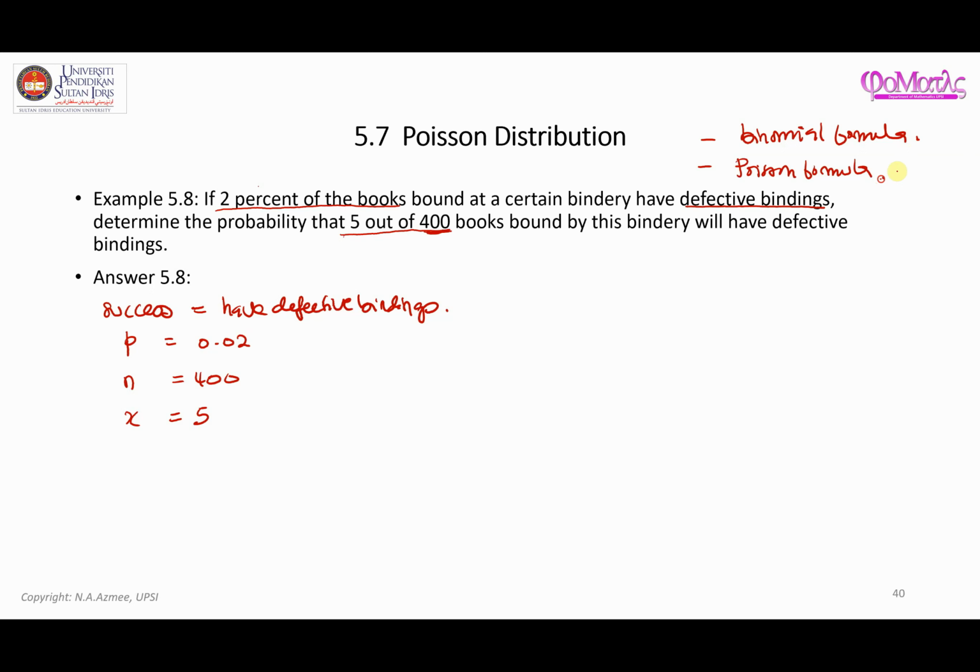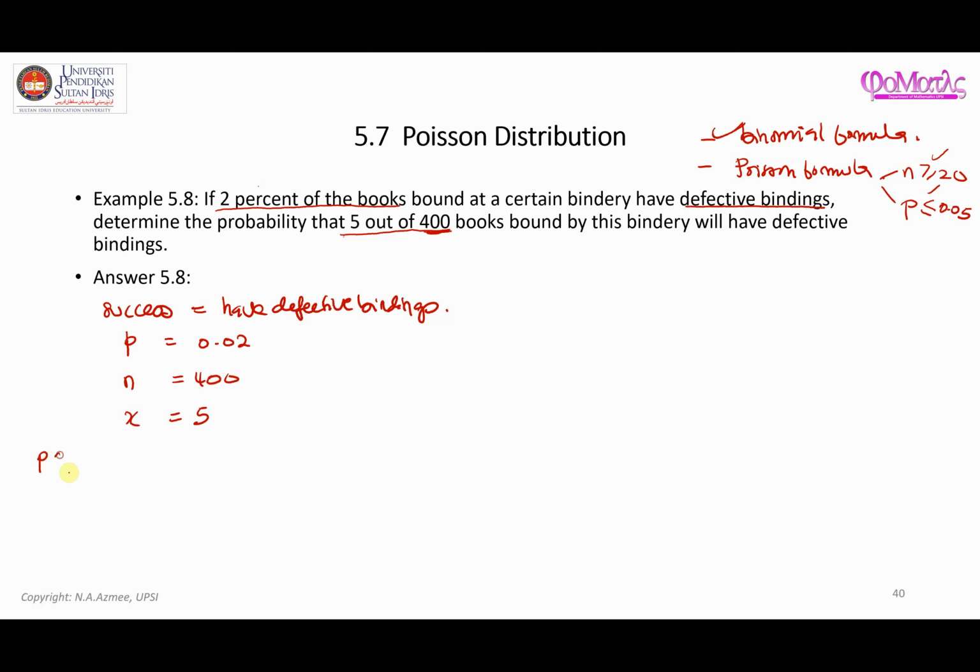The rule of thumb is that n has to be greater than or equal to 20, and the probability is small, maybe less than or equal to 0.05. Based on this example, we have checked these two boxes in order for us to use the Poisson formula. Now let me start this example by applying the binomial formula first.